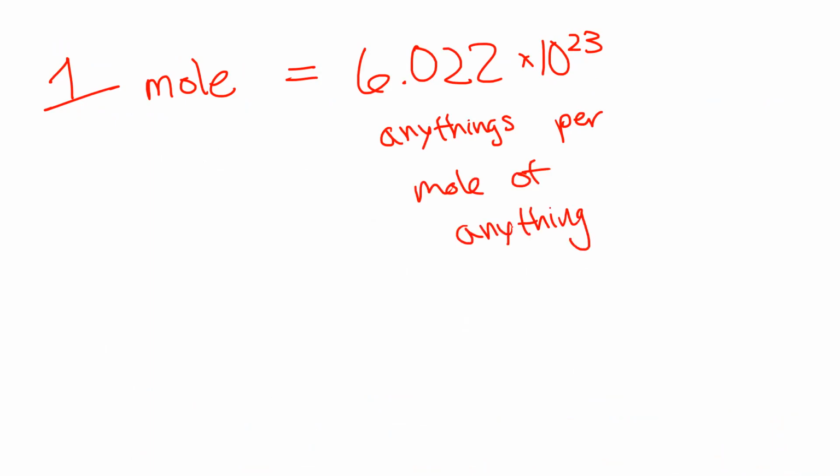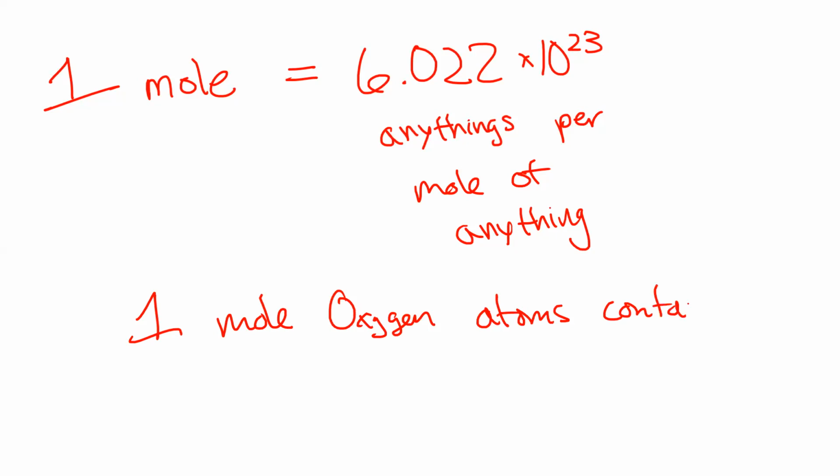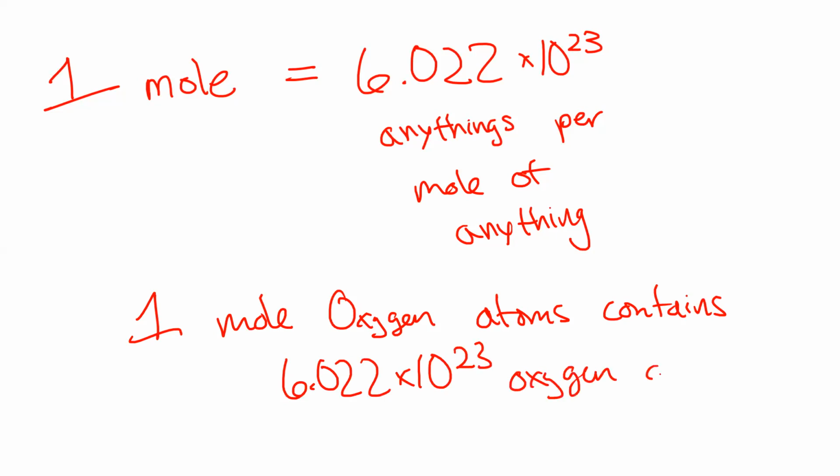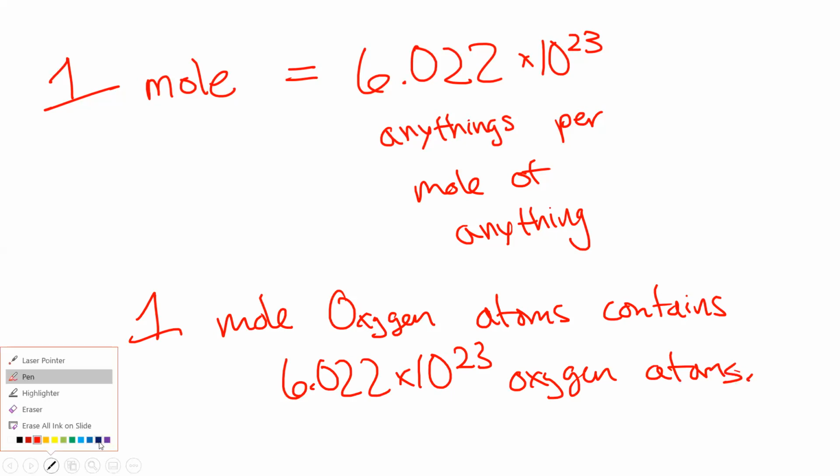So it can be 6.022 times 10 to the 23rd atoms of oxygen per mole of oxygen, or 6.022 times 10 to the 23rd humans per mole of humans, whatever you want to call that unit. So for example, 1 mole of oxygen atoms contains 6.022 times 10 to the 23rd oxygen atoms. Thank you, Avogadro, for predicting this. I think it was actually a Russian scientist who worked this out, but long story, history, etc.